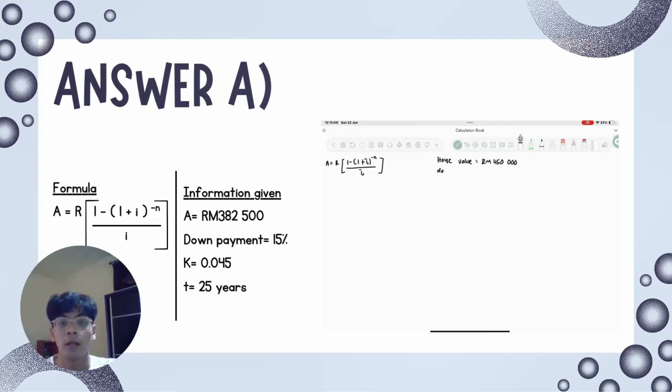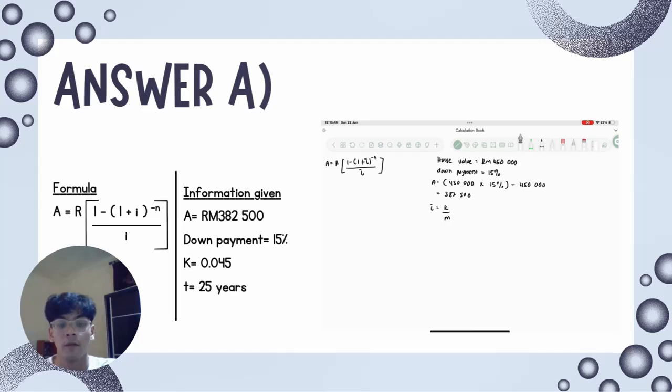We know that the house value is 450,000 ringgit and the down payment made by Iqbal is 15%. So to find the value A, we have to subtract the down payment first. The down payment is 450,000 multiplied by 15%, and then minus that from the house value 450,000. We will get 382,500.